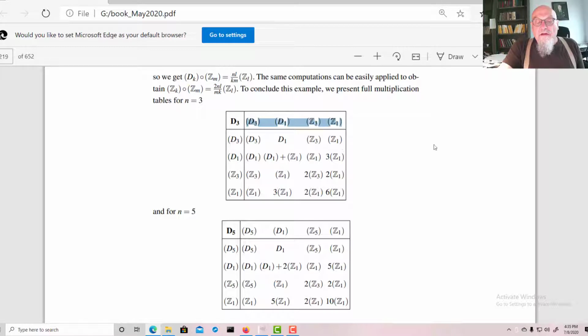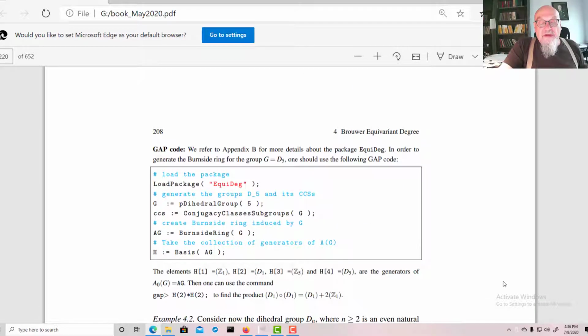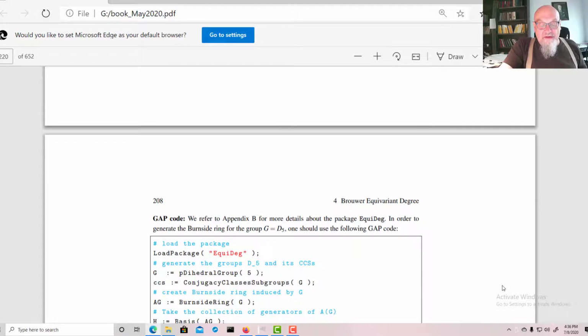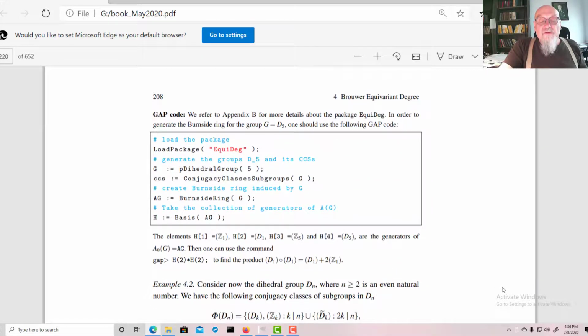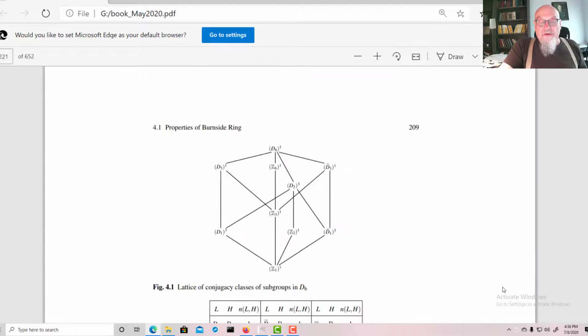So this is D3, D1, Z3, Z1. So that's a very short one. The same for D5, and those numbers are prime, so there is not much problem here. But if you would like to do the same thing for larger groups, we need to use the computers for one moment in order to achieve it.